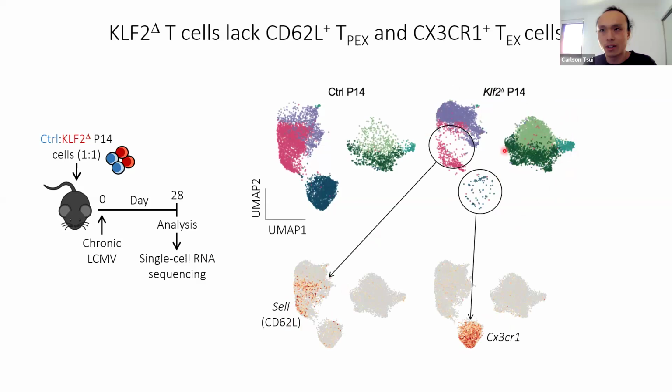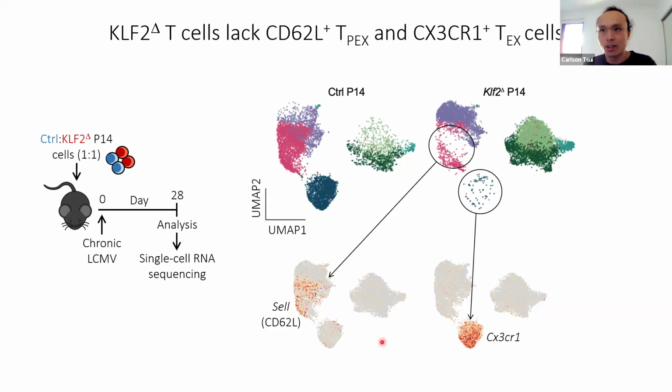So far we have identified that KLF2 plays an important role in putting cells into the lymph nodes, and also in the generation of CD62L positive T-PEG cells as well as CX3CR1 TEX cells.